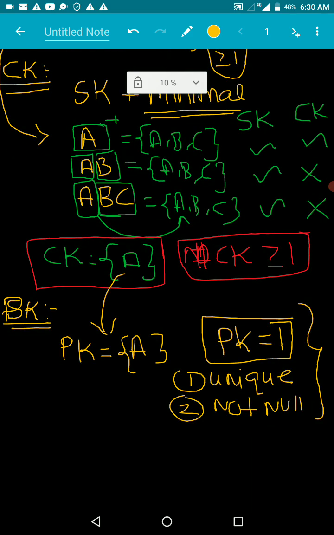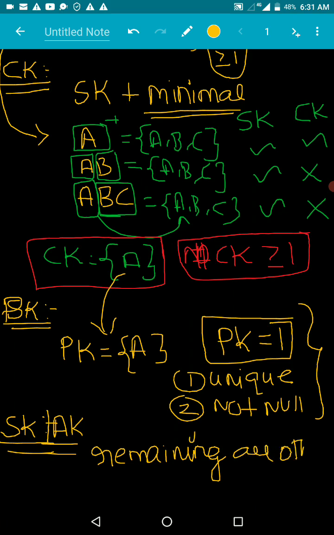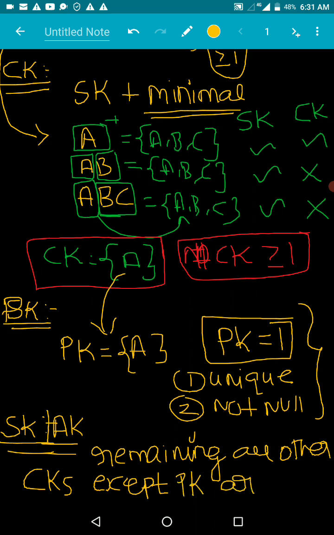Now we are moving to the secondary key or alternative key. These are the keys which do not participate in the primary key: all the remaining candidate keys except the primary key.